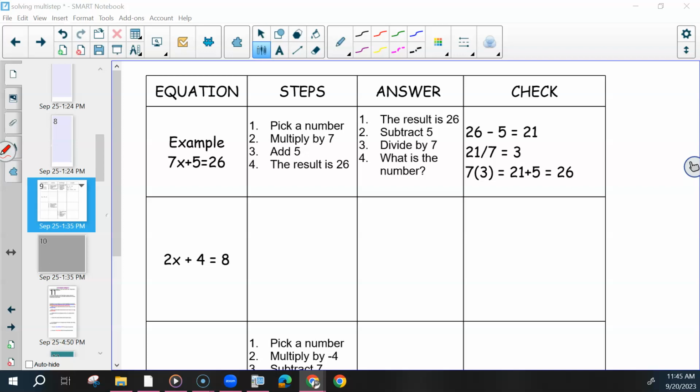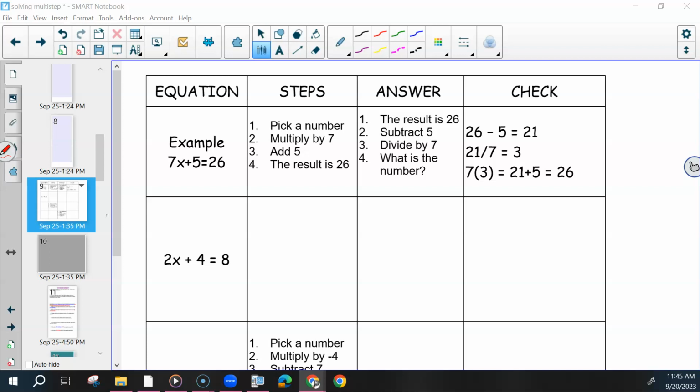So the steps here explain the equation. Pick a number as your variable, multiply it by 7, add 5, the result is 26. So this explains the equation. The answer is how we start to solve. So we start at 26, we subtract 5 from 26, we divide both sides by 7, then what is the number we're trying to find, the solution.